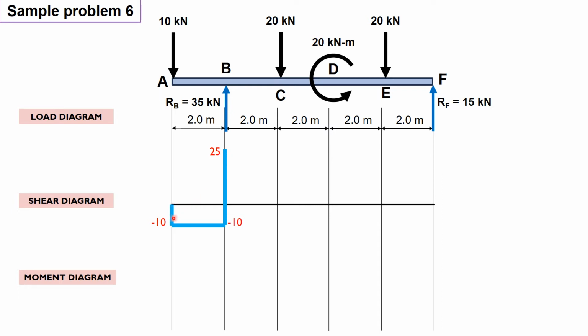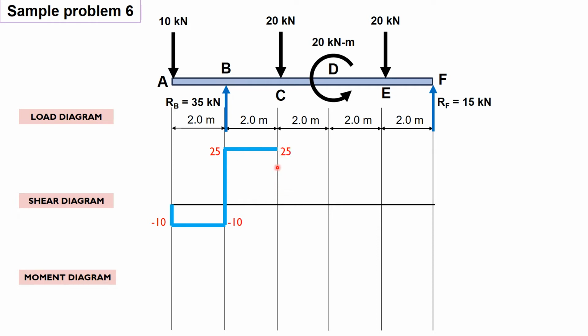So, negative 10, diretso ka dito, then plus 35, so you will have positive 25. Then, between B and C, dahil wala ka ulit load dito, so you will have horizontal line. So, this is 25 pa rin, no?